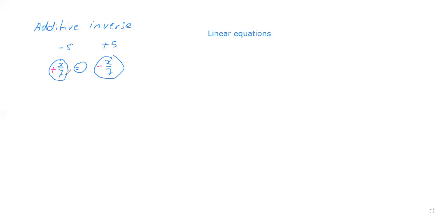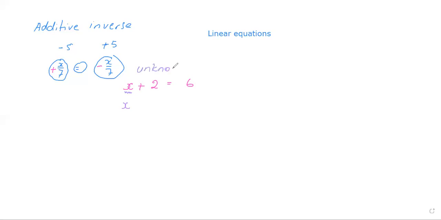Now let's have a look at the use of the additive inverse in helping us to solve an equation. If I have x plus 2 is equal to 6, I hope you realize that our interest lies on the unknown, the variable.